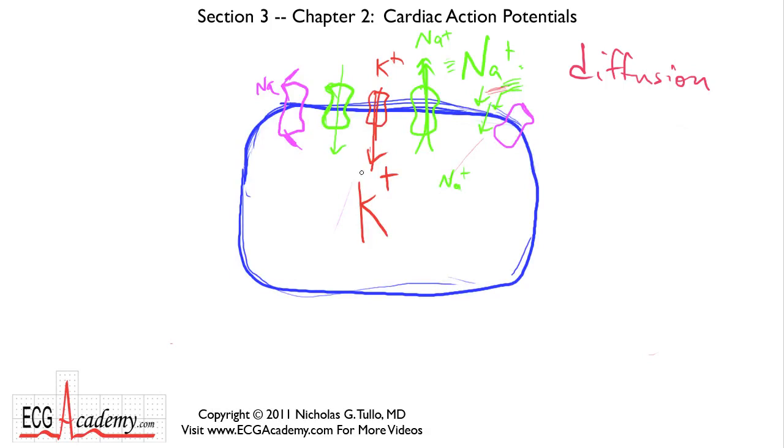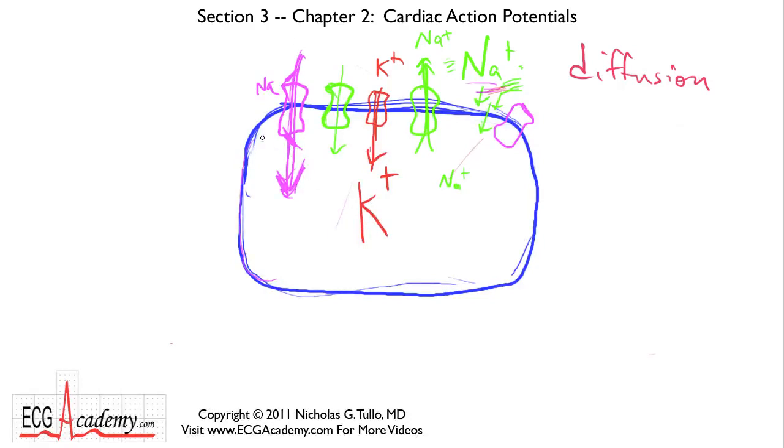And without getting too complicated, what happens under the right circumstances is that the sodium gate opens up, and sodium is able to rush into the cell down the concentration gradient. So it's easy for the sodium to rush in because there's very little inside and there's lots outside.